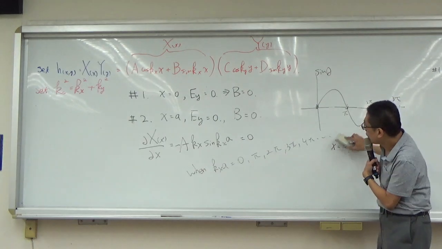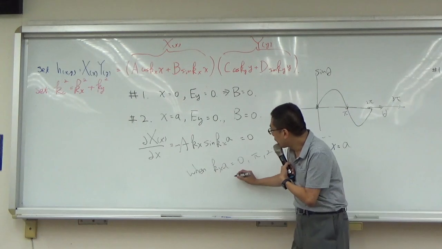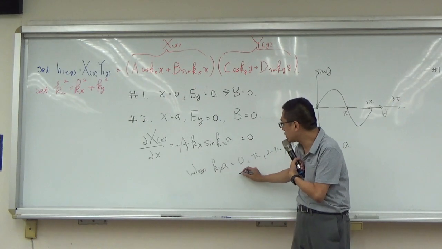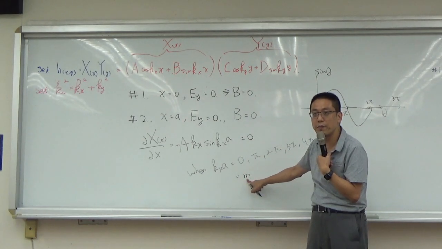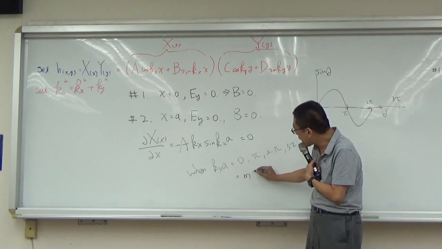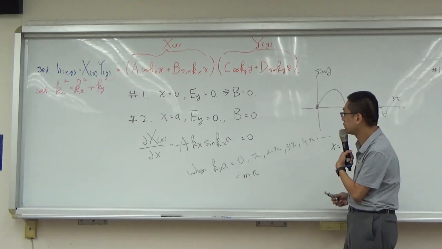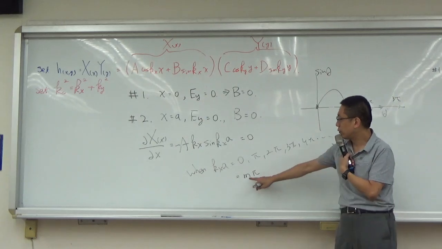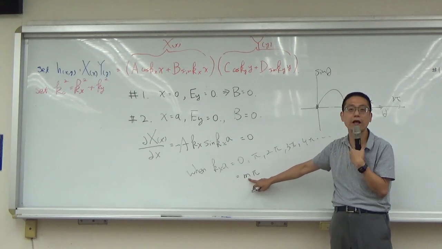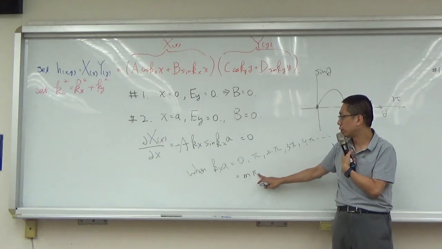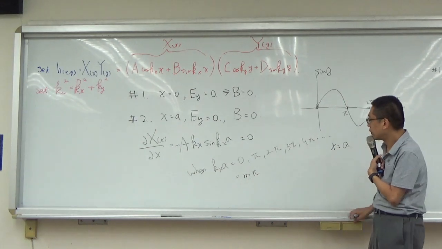We can write down like when Kx a equals to some integer number, 1, 2, 3, 4, or 0, 5, multiplied by pi. Okay, we make this simpler. M is a number. Okay.